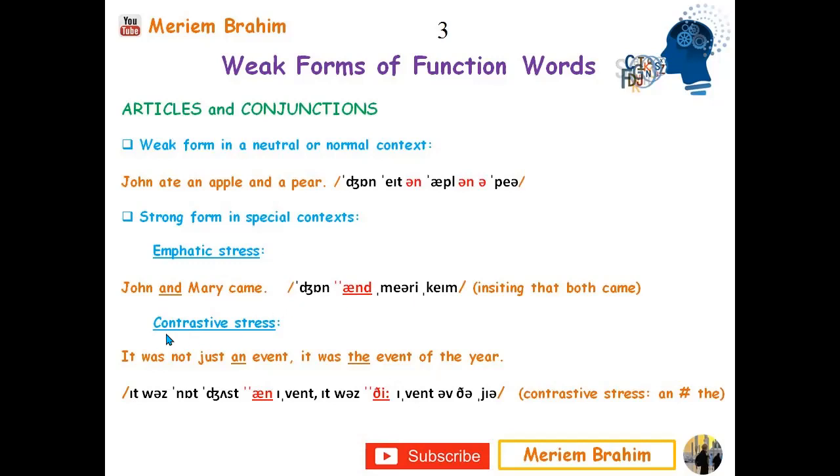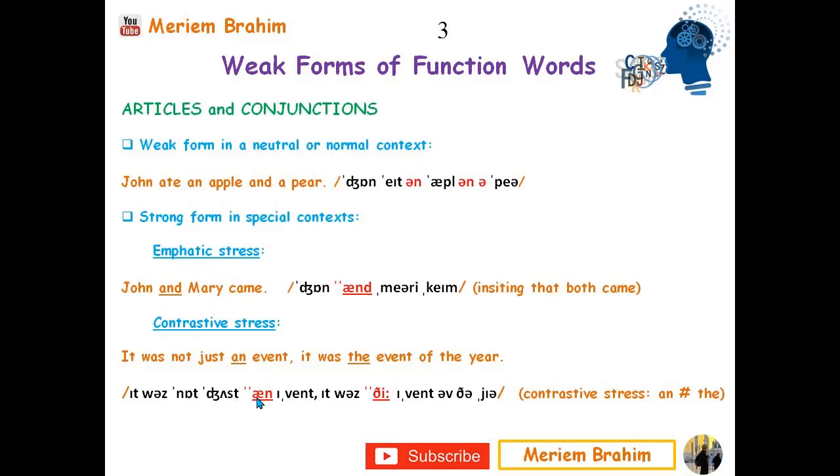Another example of a special context where articles and conjunctions appear in their strong form is the contrastive stress. It means we contrast two function words. As an example, it was not just an event, it was the event of the year.